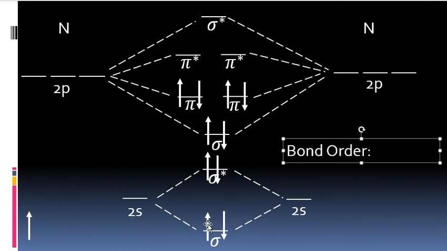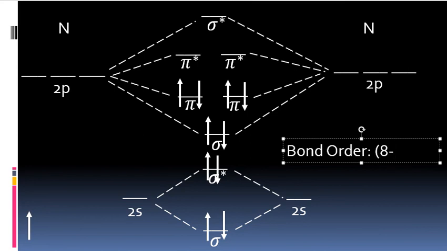Therefore, counting up the electrons we have 1, 2, 3, 4, 5, 6, 7, 8. We have 8 bonding electrons.